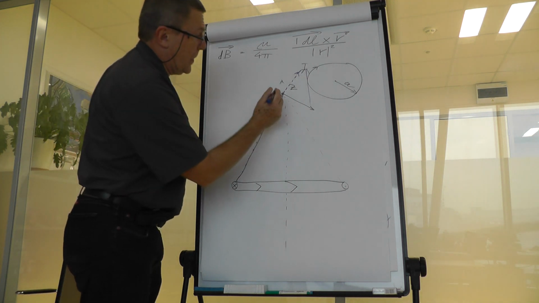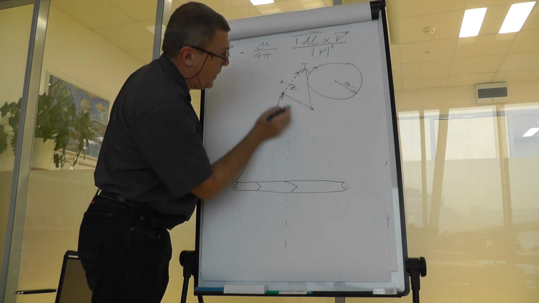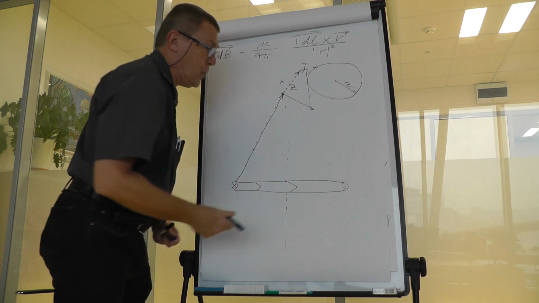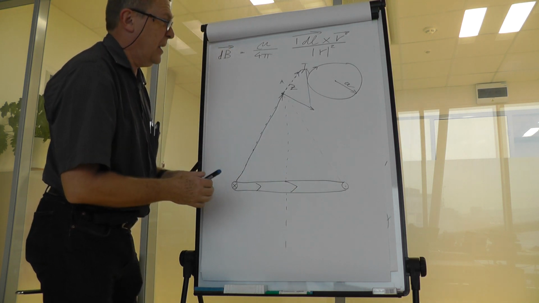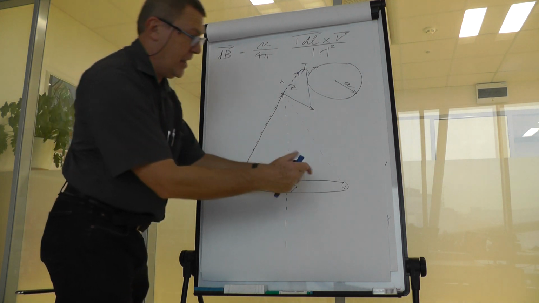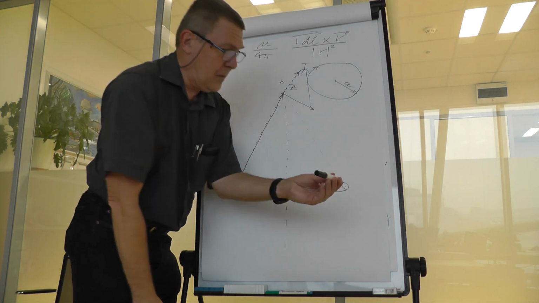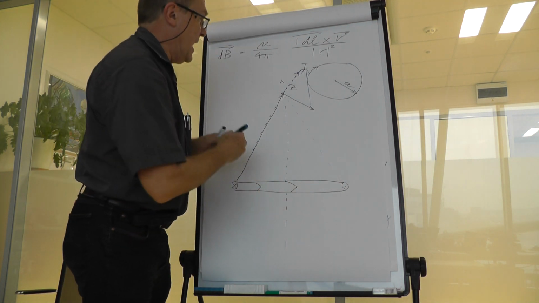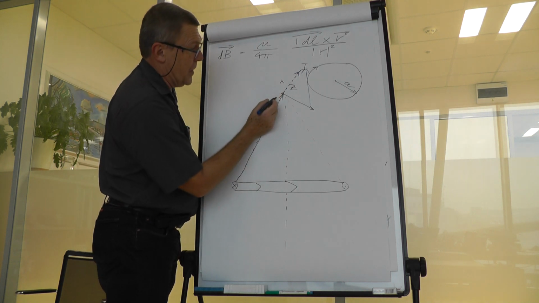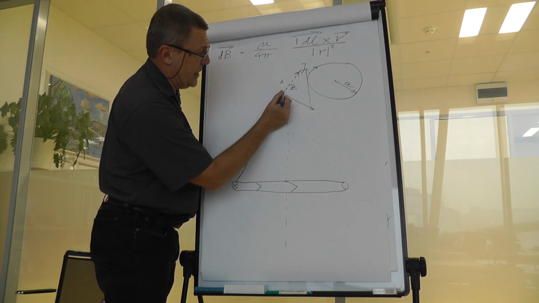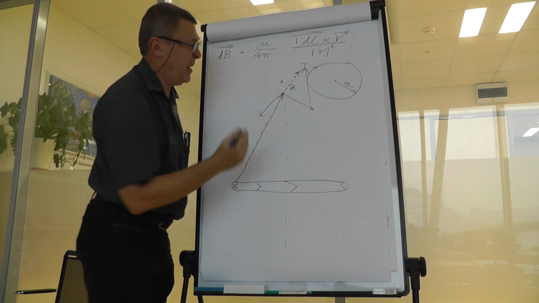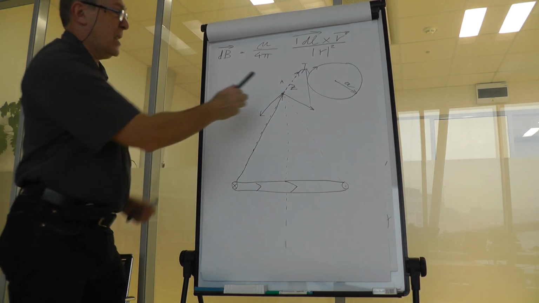Now, this is the result of the vector product, but we have to consider that the field here goes out of the screen, and that the magnetic field over here has this orientation. Just opposite.